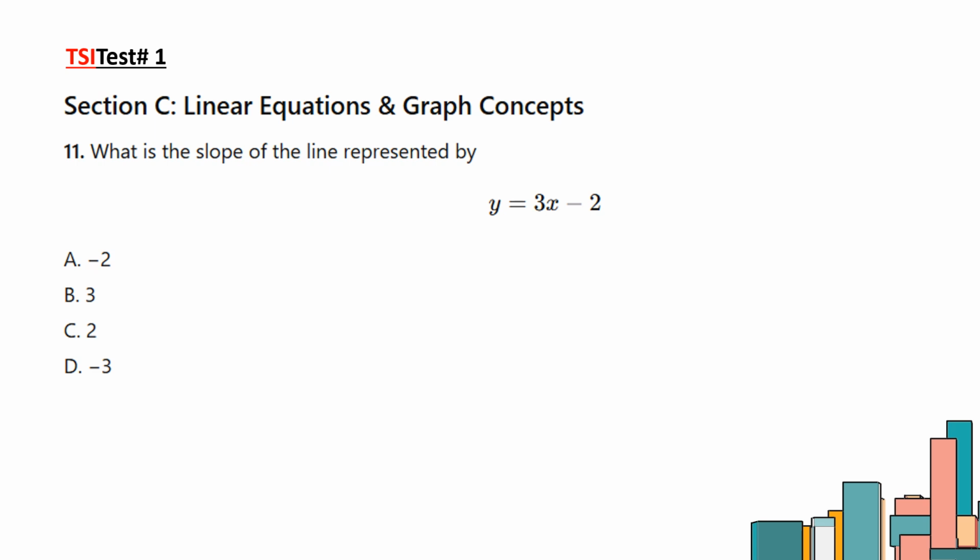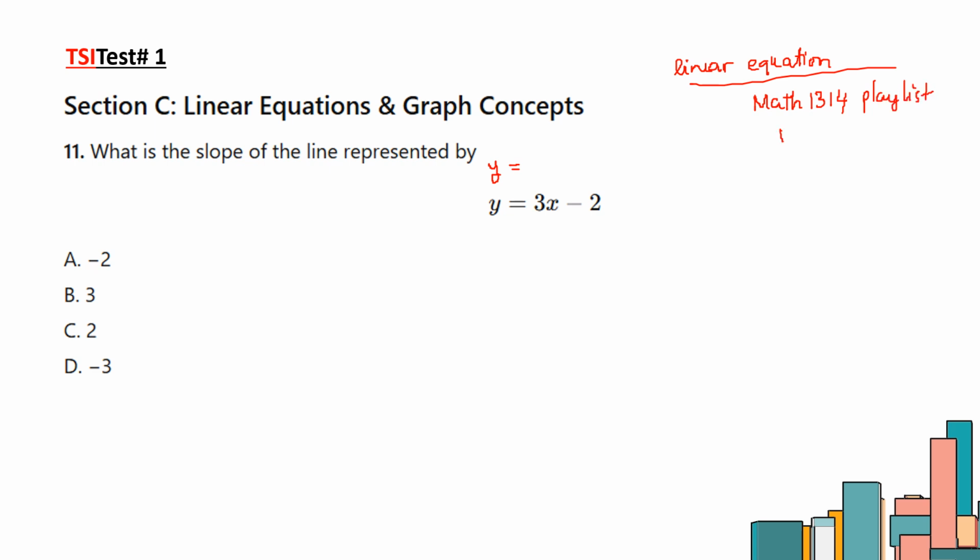Number 11, what is the slope of the line represented by y equals 3x minus 2? So this is y, the formula for linear equations. Okay, the linear equations. So for this one, you can watch the Math 13, 14 playlist.